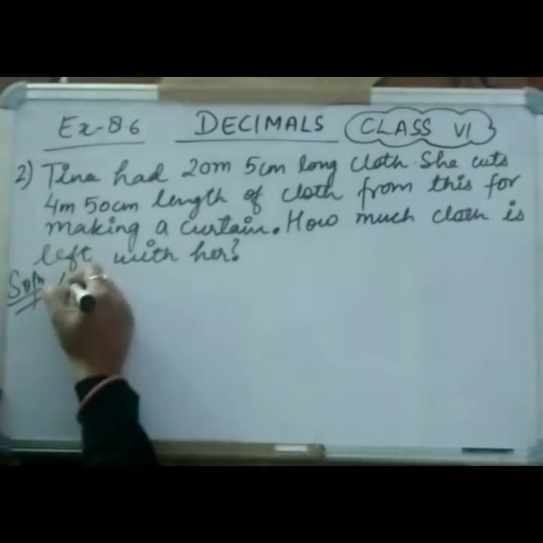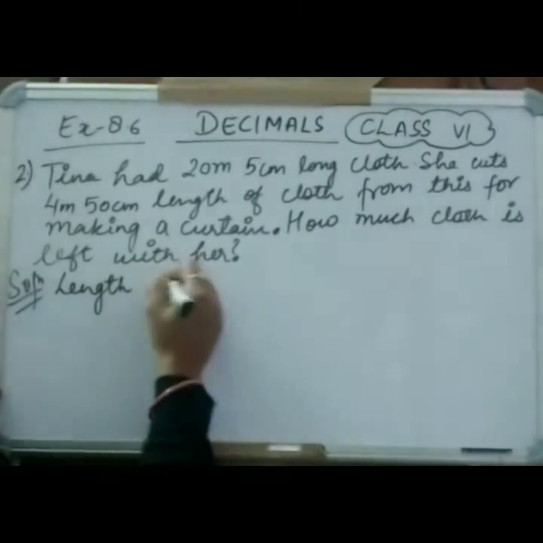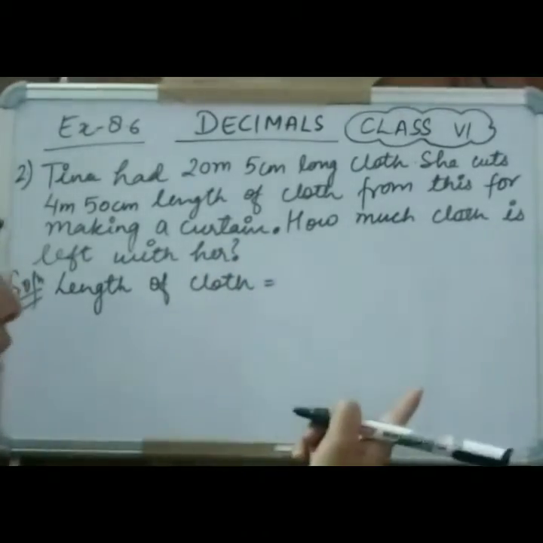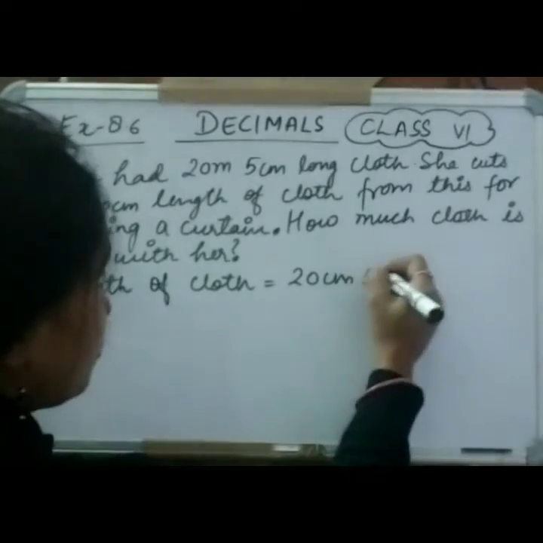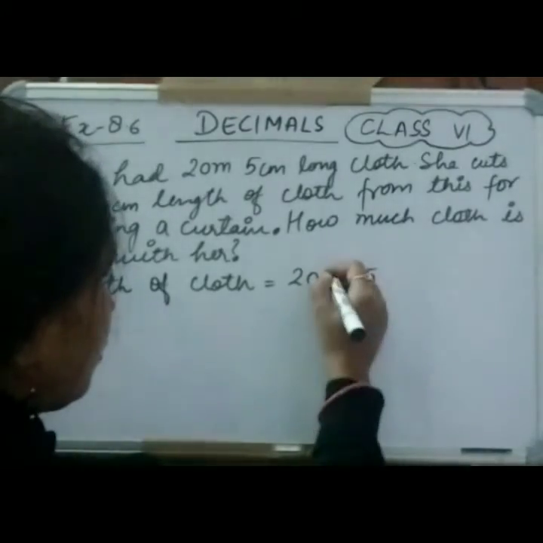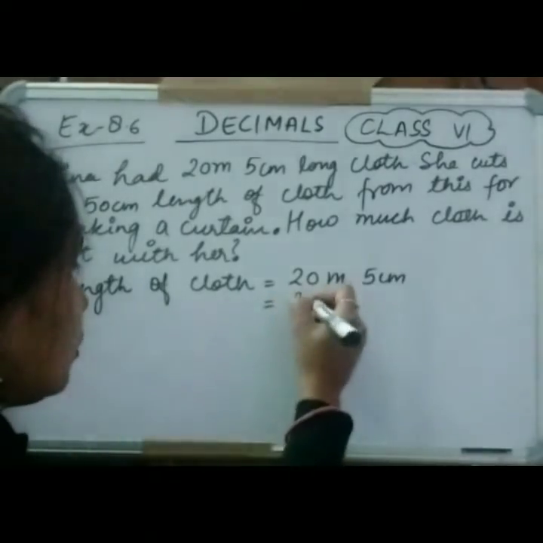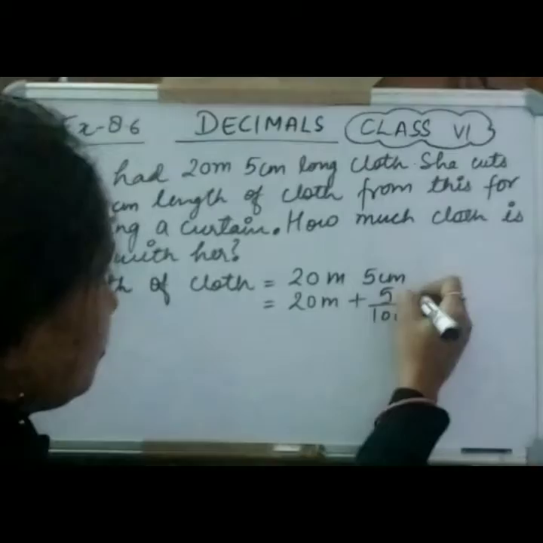Length of the cloth. First of all, length of the cloth. It is the length of total cloth. Okay. It is 20 meter 5 centimeter. So first we will convert it. 20 meter plus 5 upon 100 meter. Okay.